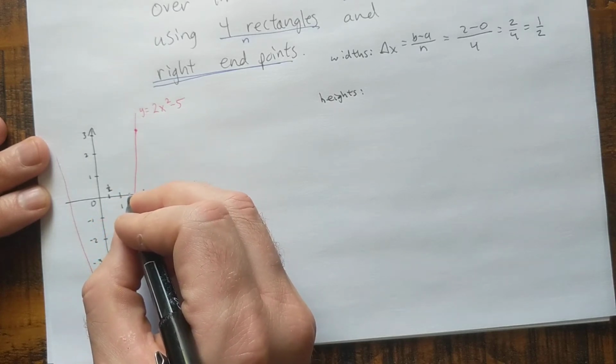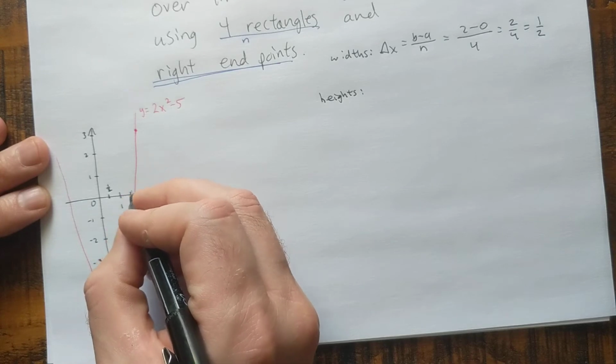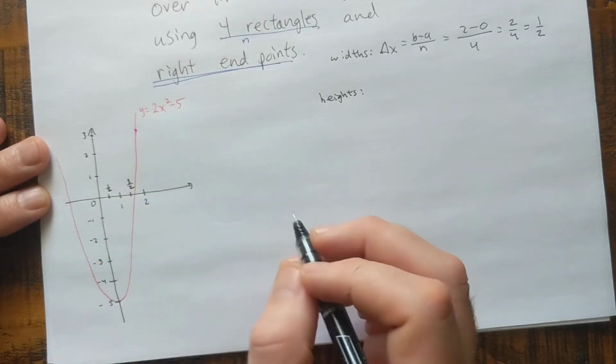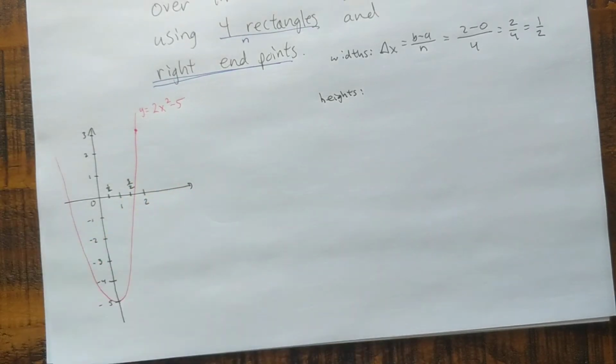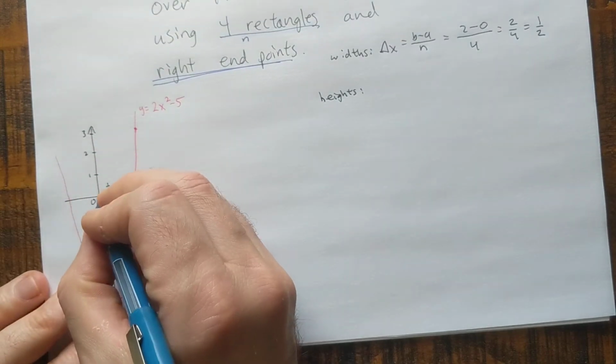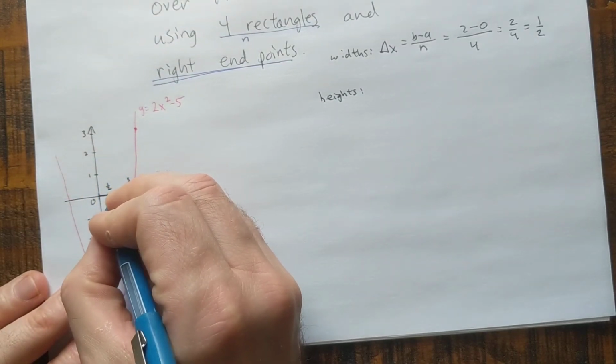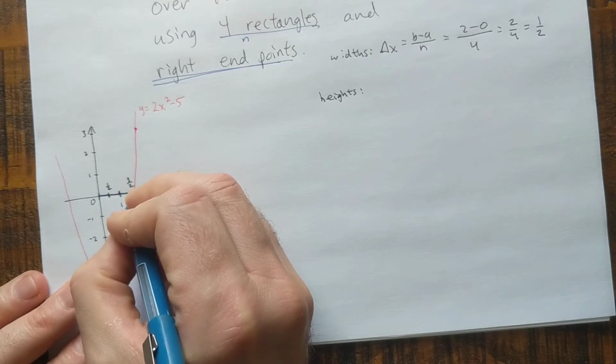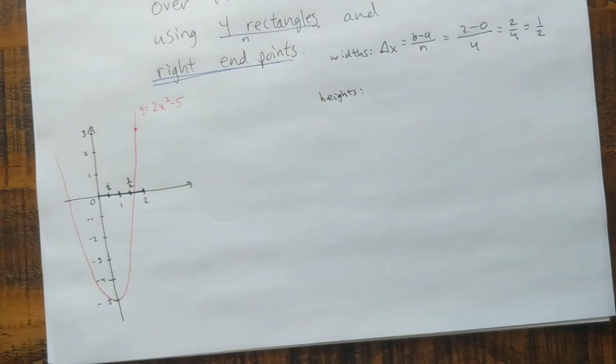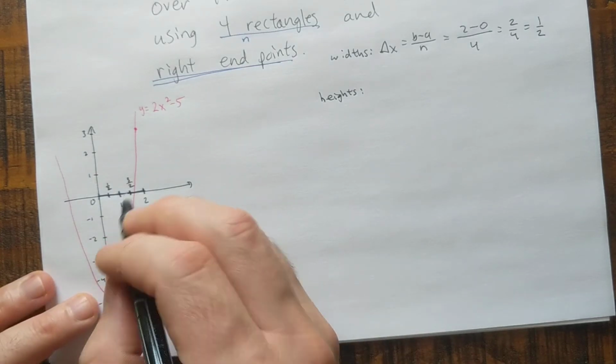So here's the next interval. And then the next one, half away from 1 is 3/2. And then I'm at 2, and that's it. So these are my 4 bases of my rectangles: 0 to 1/2, 1/2 to 1, 1 to 3/2, 3/2 to 2.